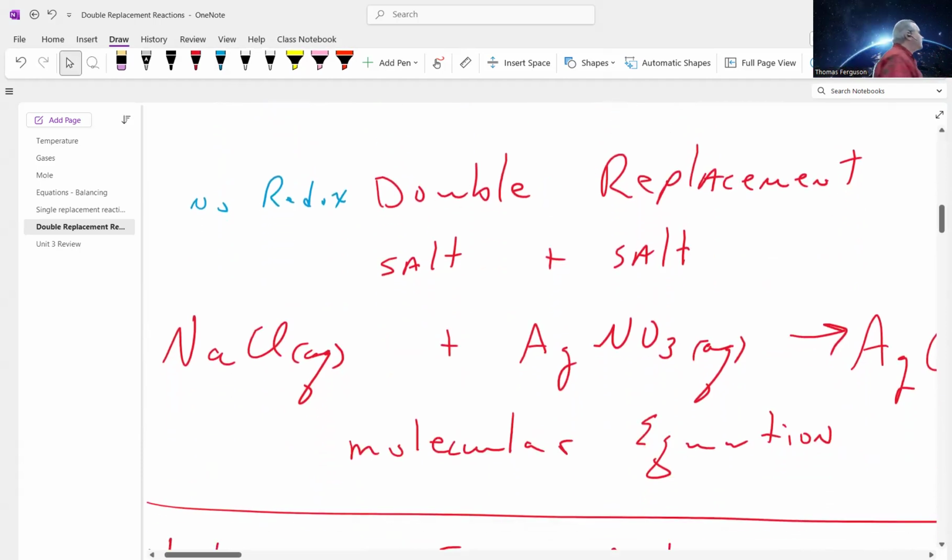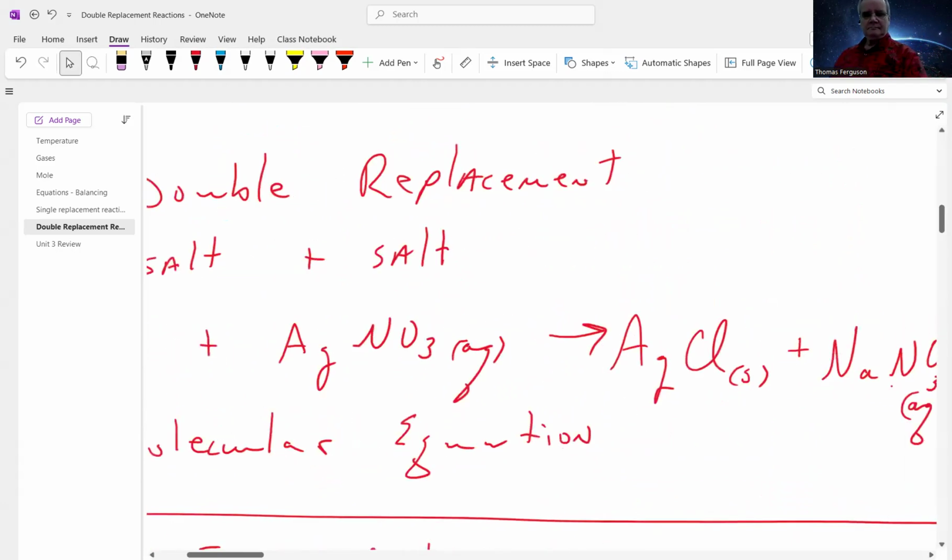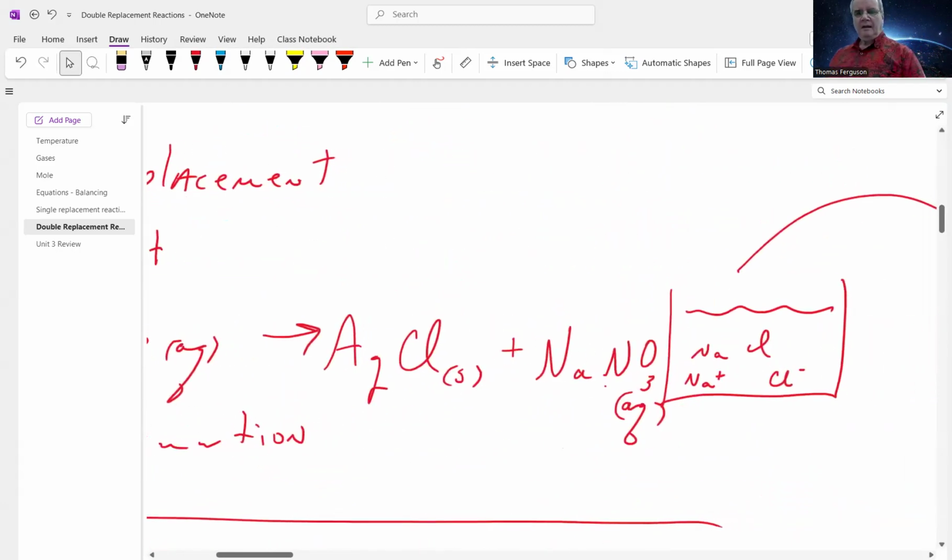So if we look at the equation of what we just did, adding the silver nitrate solution AQ to the sodium chloride solution AQ, we get a new combination. And once we look on the chart, we can figure out whether it's going to be an S or an AQ.